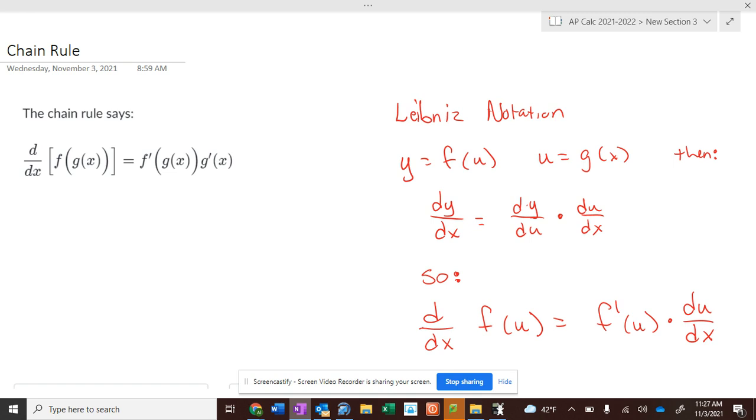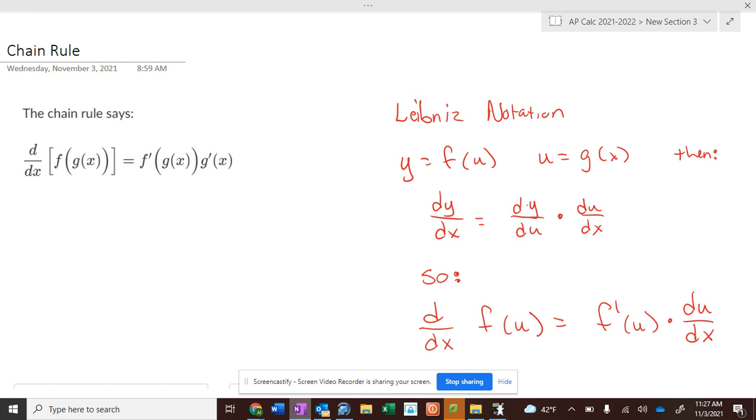Okay? Now, the Leibniz notation. So y equals f of u, where u is g of x. Then the first derivative of y with respect to x is the first derivative of y with respect to u times the first derivative of u with respect to x.